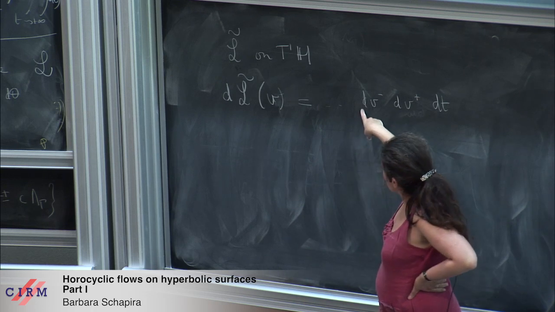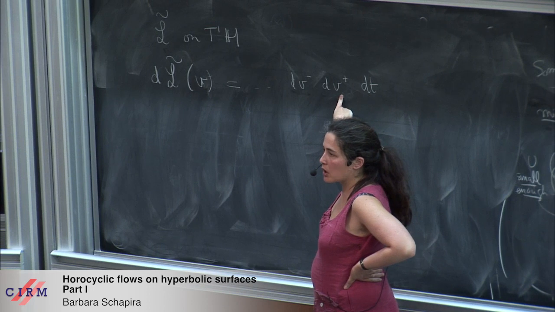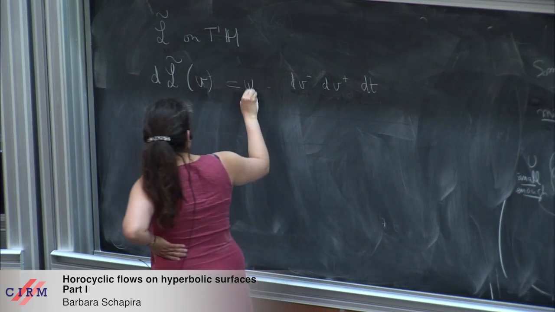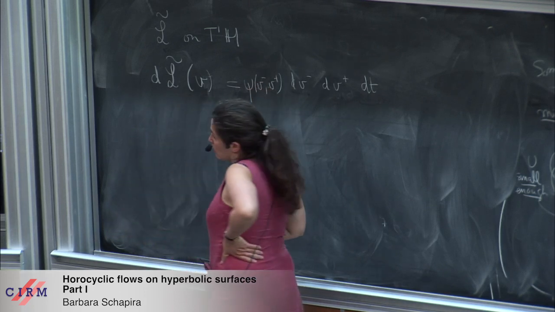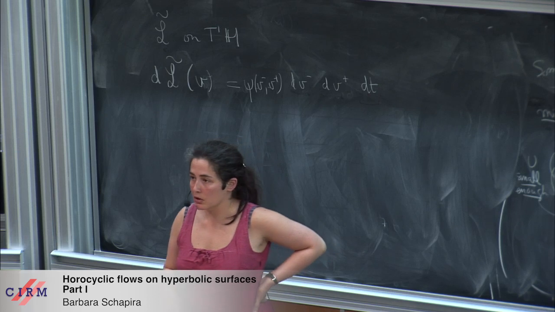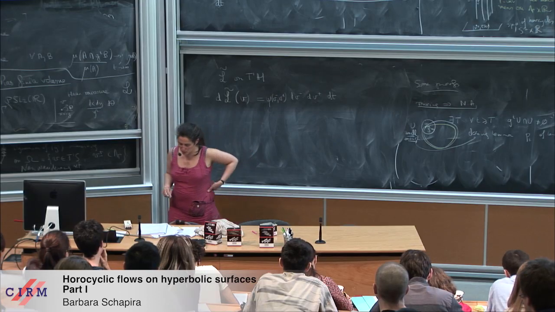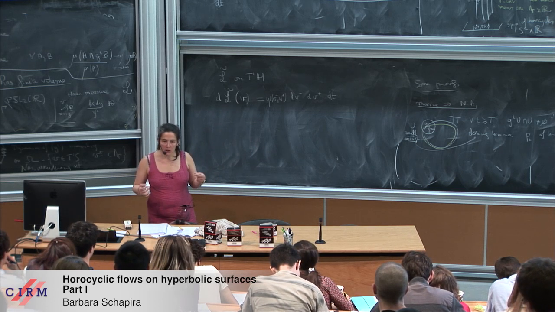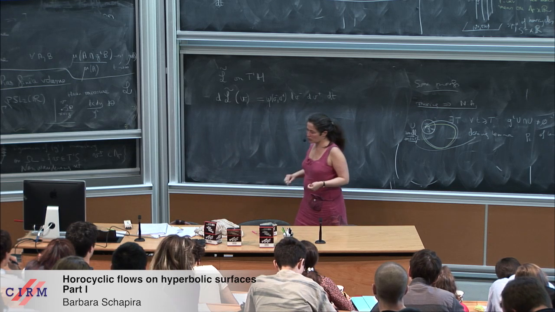It's equivalent to the Lebesgue measure on the circle times the Lebesgue measure on the circle times the Lebesgue measure on R. And there is a density here. I don't want to write it, but it's a formula similar to those that Frédéric wrote for the Bowen-Margulis measure. What is important is that it has this product structure.